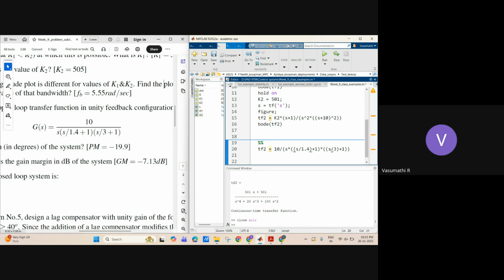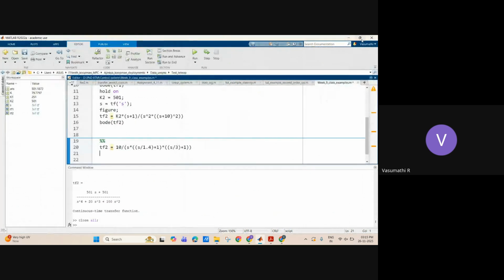This is for this, and this is for this. This is for the whole. Okay, and this section creates a problem, that means no, it came out good.